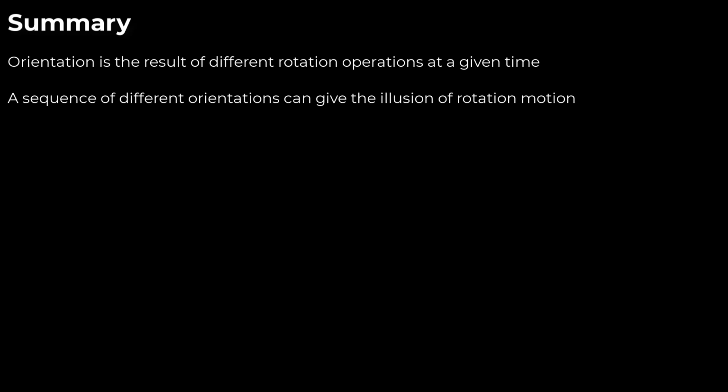To summarize, we have seen that the orientation is the result of any rotation at a specific moment in time. A sequence of different orientations can give the impression of rotation motion. You should use Euler rotation whenever you are rotating around one or two axes maximum.